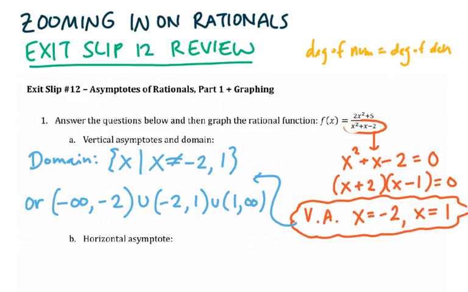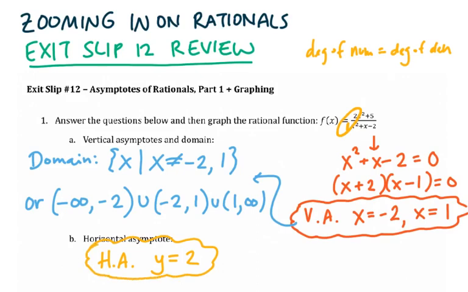So let me go ahead and erase this so I can scribble a little bit more clearly. The coefficient on x squared in the numerator is 2. The coefficient on x squared in the denominator is understood to be 1. Therefore, the horizontal asymptote will be at 2 over 1, or just 2. So the horizontal asymptote will be y equals 2.